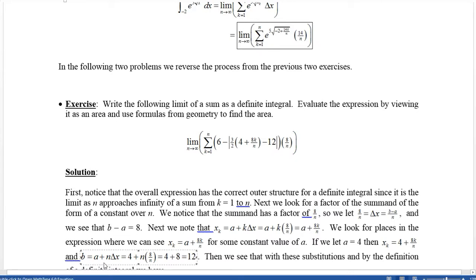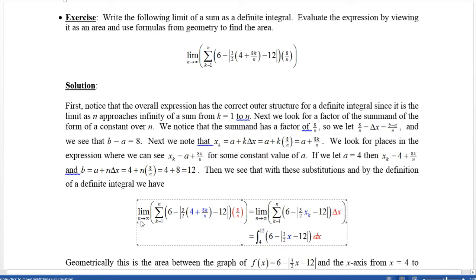Or in other words, b equals a plus n times delta x, and the n's cancel, you get 4 plus 8 is 12. So a couple different ways to look at that to see what b is. So b is 12. So we know, hopefully, that this is going to be the integral from 4 to 12 of f of x dx for some appropriate f.